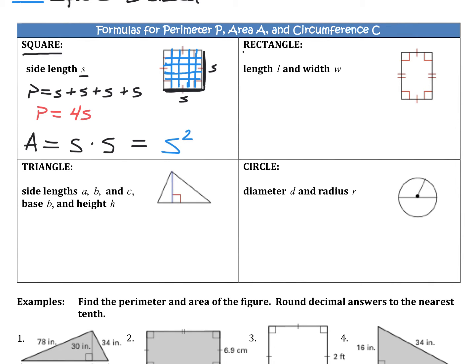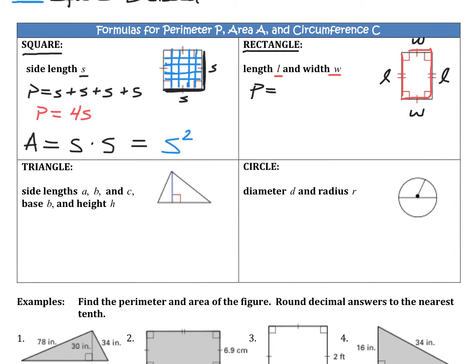Now, moving on to the rectangle, and starting with perimeter, as I said, the perimeter is going to be the distance around. So they give me 2 measurements. We'll say my length is the long side, and my width is the shorter side down here. And in order to calculate my perimeter, it is the distance around.